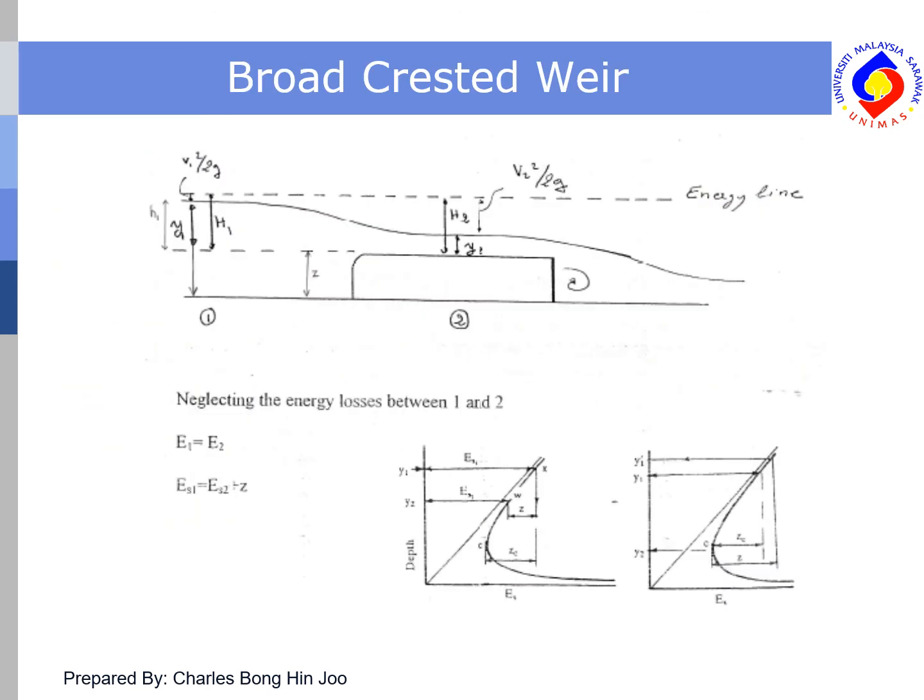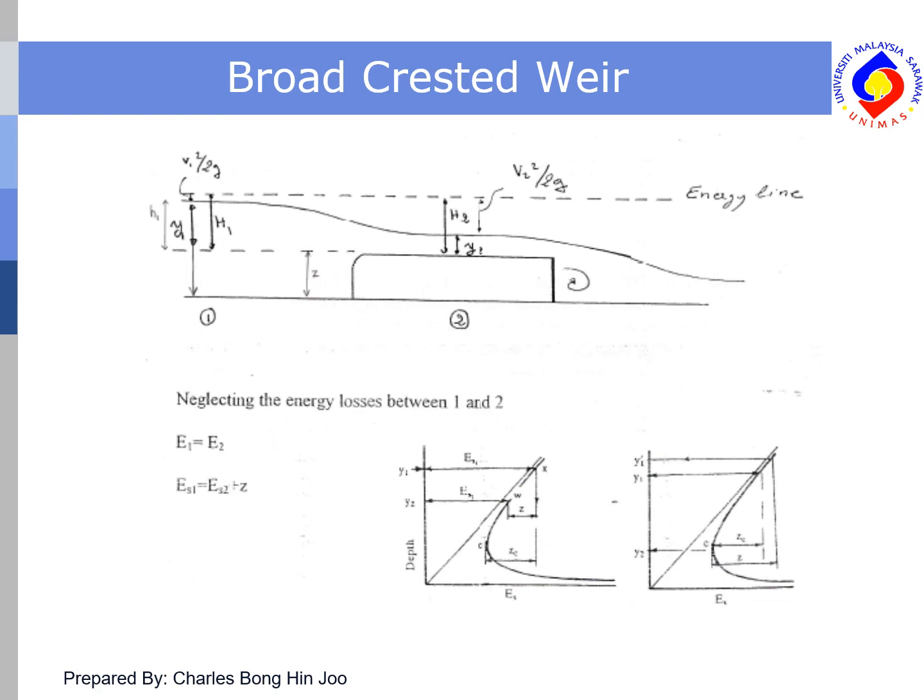Now we're going to look into various types of hydraulic structures that involve rapidly varied flow. The first one is the broad-crested weir. For the broad-crested weir, let's say if we neglect the energy losses between section 1 and section 2, then the total energy at section 1 should be equal to total energy at section 2.